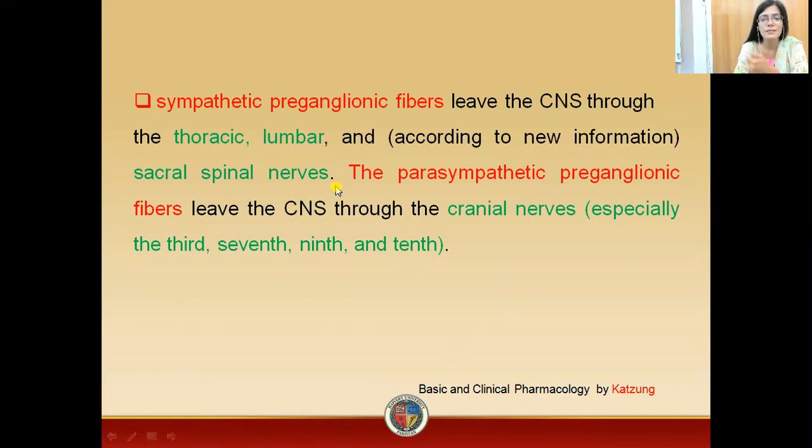The parasympathetic preganglionic neurons leave the CNS, originating from cranial nerves, particularly the 3rd, 7th, 9th, and 10th.